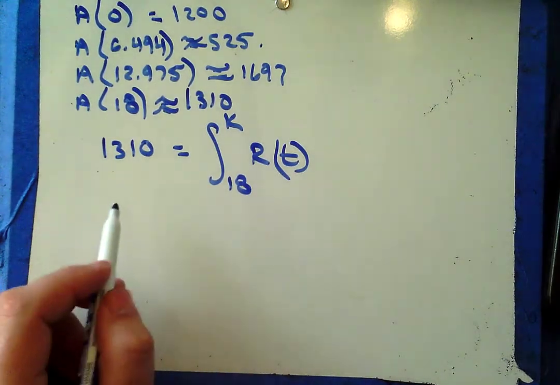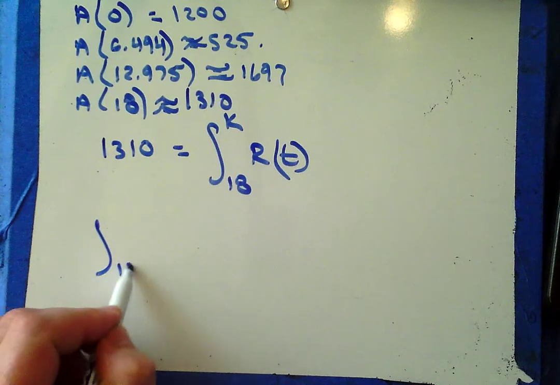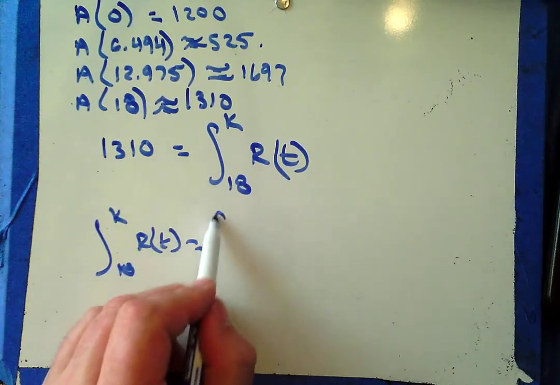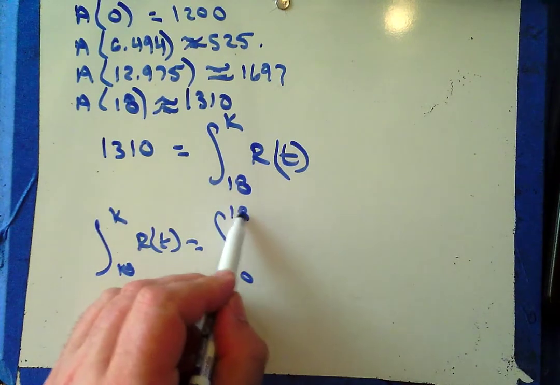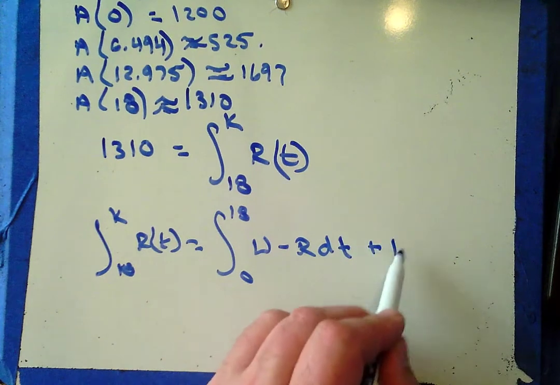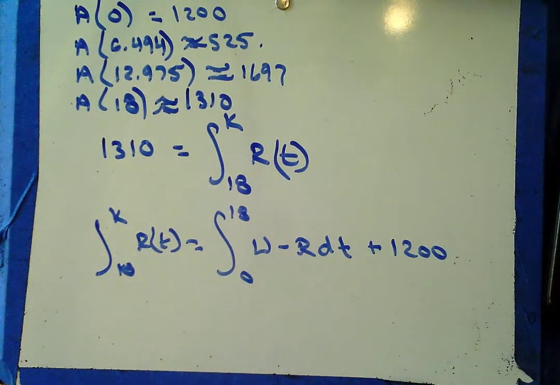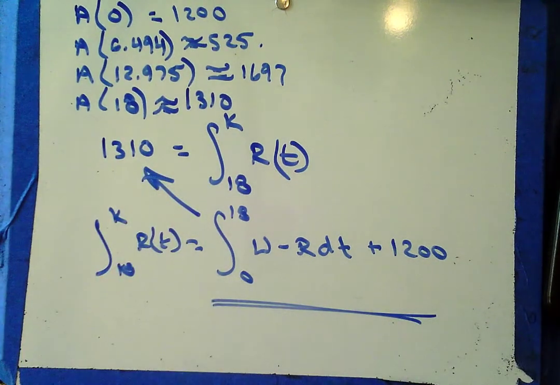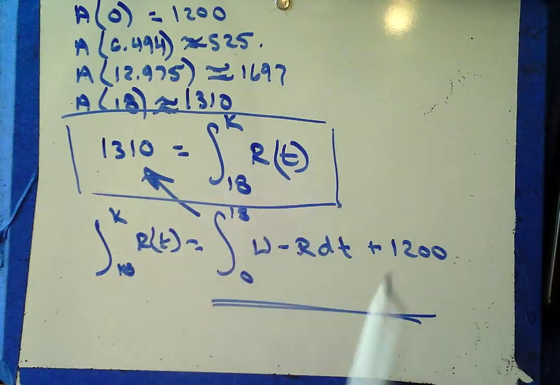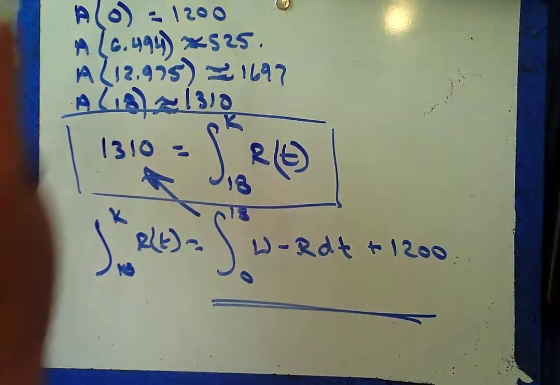Like we could say the integral from 18 to K of R of t equals the integral from 0 to 18 of W minus R plus the initial amount. But all of this is that amount at 18. And so I just use the amount at 18, which is why I went back to find it. I think this is a much tidier answer, right? But do not evaluate an integral.